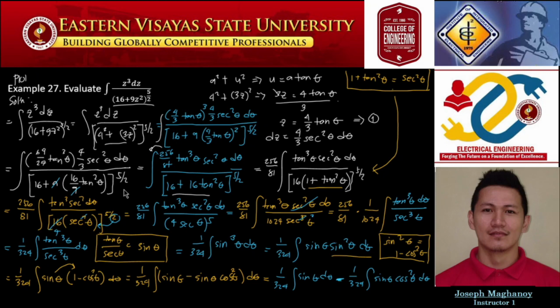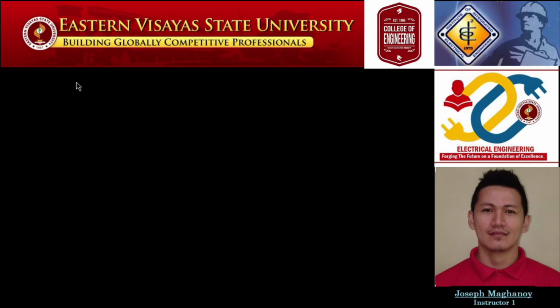Okay, let's move to our next page to continue our discussion. So we have two functions to solve. 1 over 324 integral of sine theta d theta minus 1 over 324 integral of sine theta cosine squared theta d theta. Here, we can integrate right away.